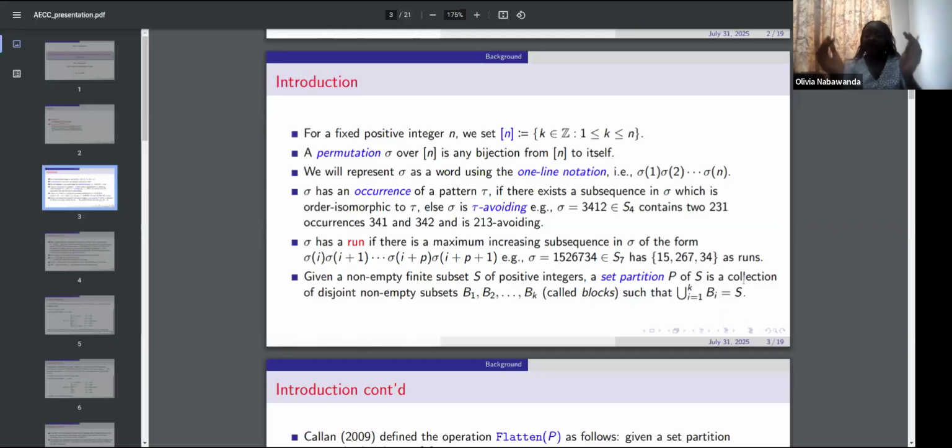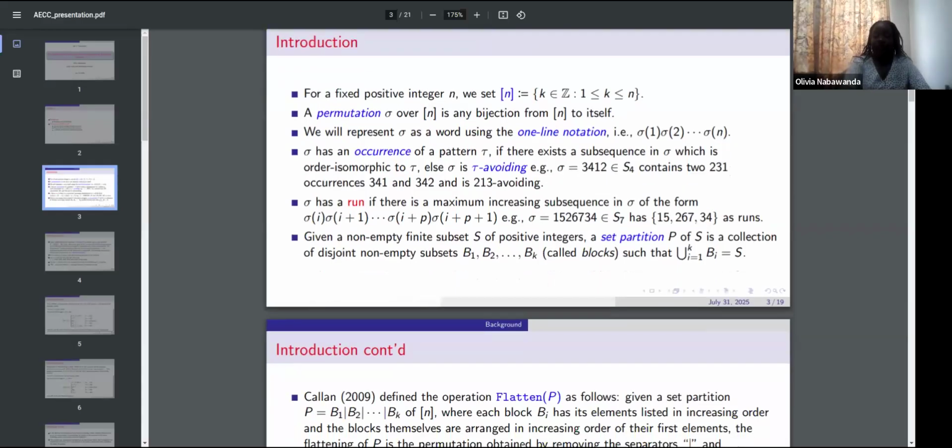So as long as you have a set S, find a union of any finite number of disjoint subsets. If that union gives you the set S, then we say that disjoint union of subsets forms a set partition of S.